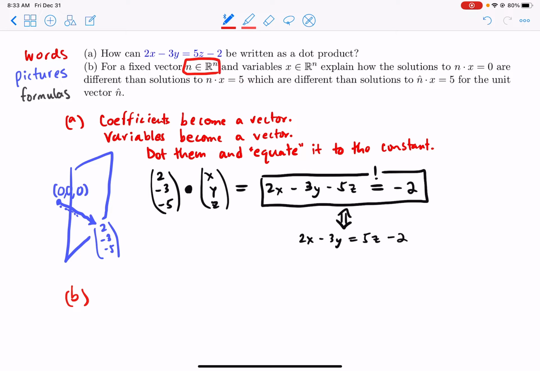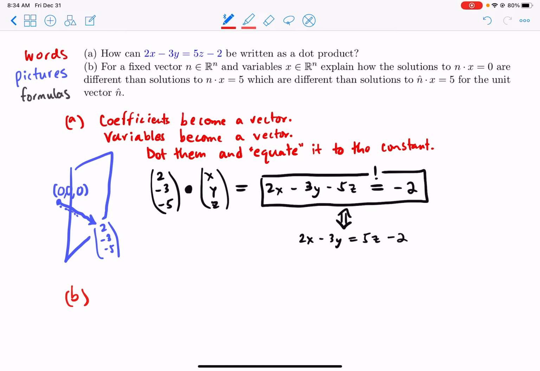Anyway, okay, and variables x in R^n, explain how the solutions to n dot x equals 0 are different than solutions to n dot x equals 5, which are different than solutions to n hat dot x equals 5. This we say is n hat. That means it's a unit vector. n hat is equal to the vector n divided by the vector's length, so that now the length of n hat will actually be 1, and you can check that. It's a previous problem.